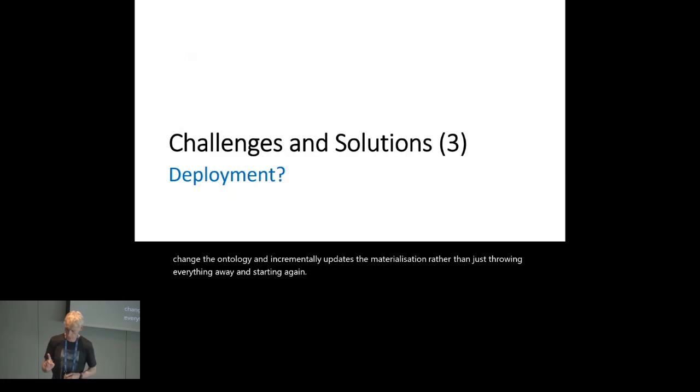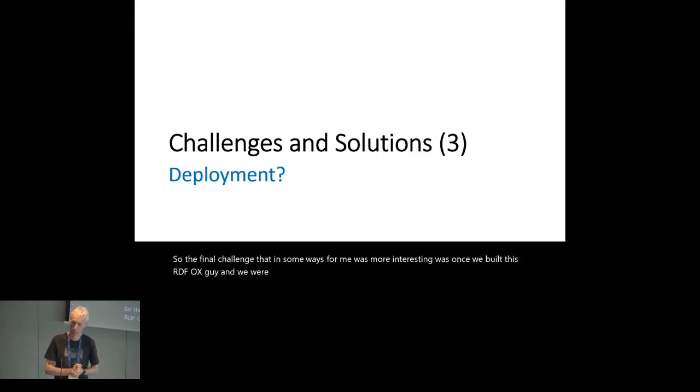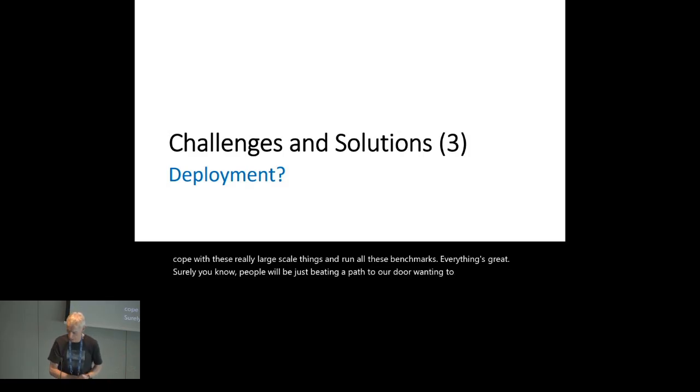So the final challenge that in some ways for me was more interesting was once we built this RDF-OX, and we were super happy with that, it's working really well in the lab and we can cope with really large scale things and run all these benchmarks, everything's great. Surely, people will be just beating a path to our door wanting to use this reasoner.